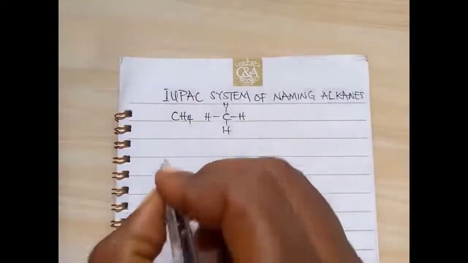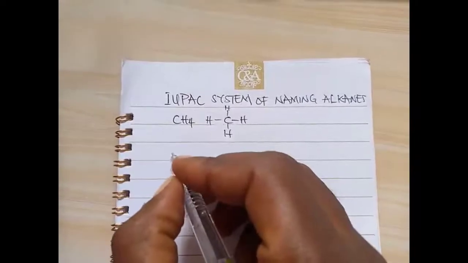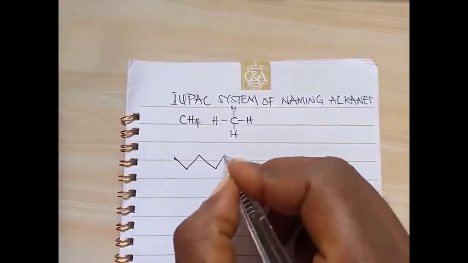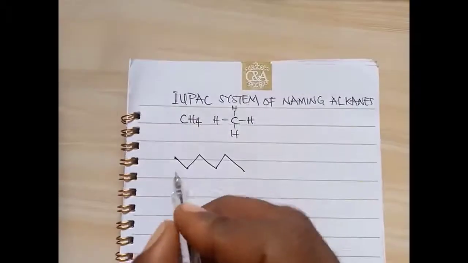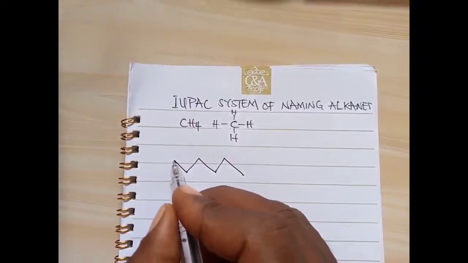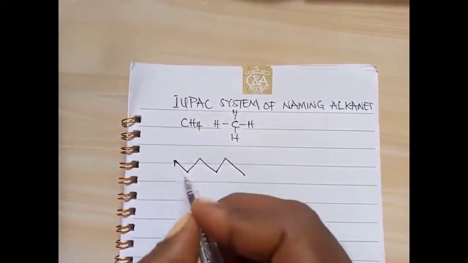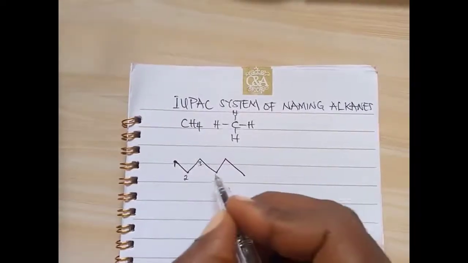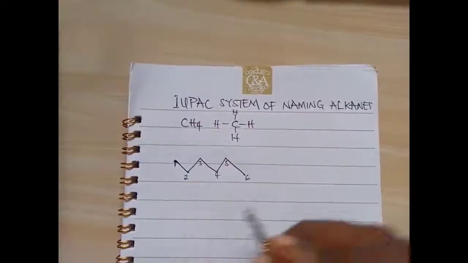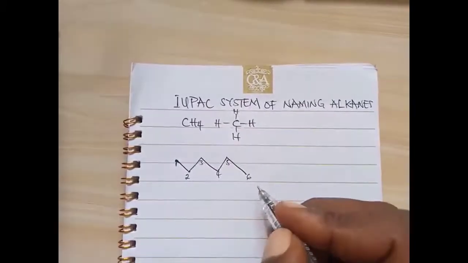So, for example, if I'm to name this compound, every junction means there's a carbon atom there. So there's a carbon atom here, 1, 2, 3, 4, 5, and 6. And 6 happens to be hexane.